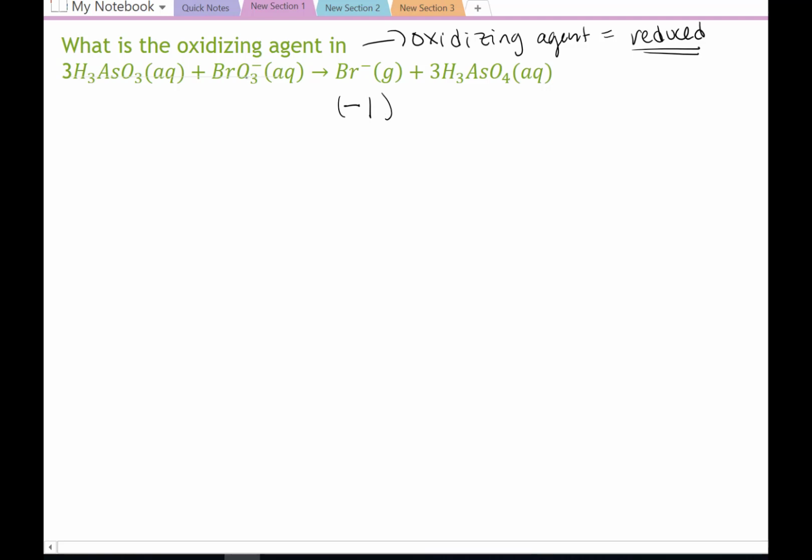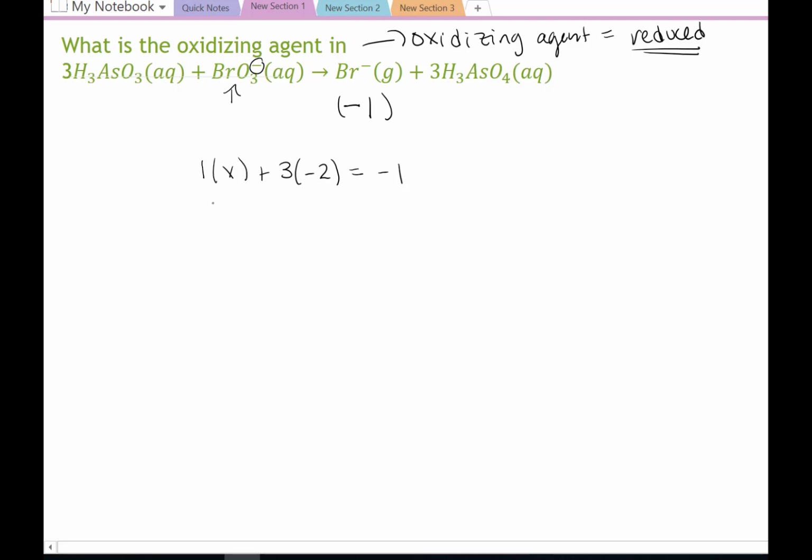Now let's go back over here. So let's look at bromine in the compound of bromine trioxide here. So if we have bromine and then we have oxygen, and it has to equal this -1 charge as a compound. So we have 1x, we don't know what bromine is yet. We have 3 oxygens that are -2, and this must equal the oxidation state of -1 of the compound.